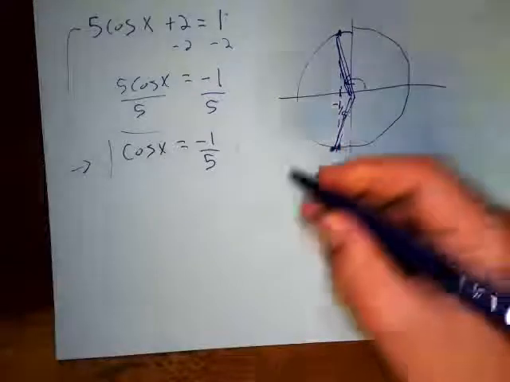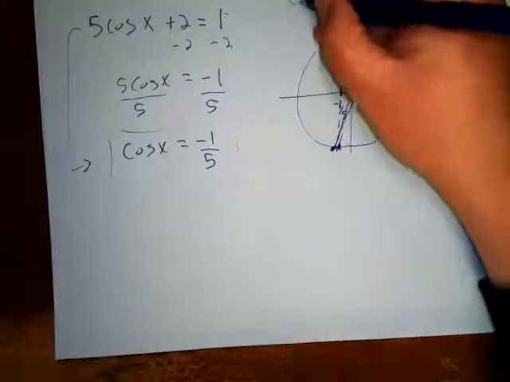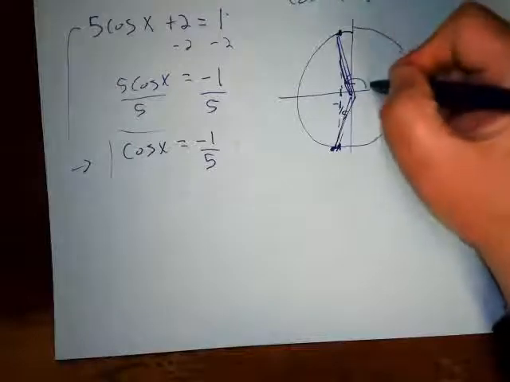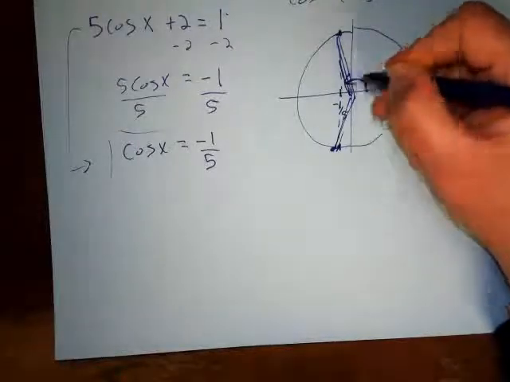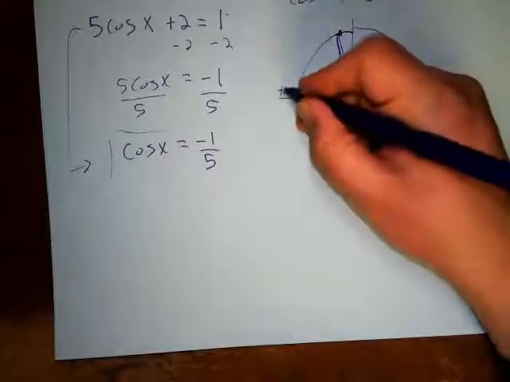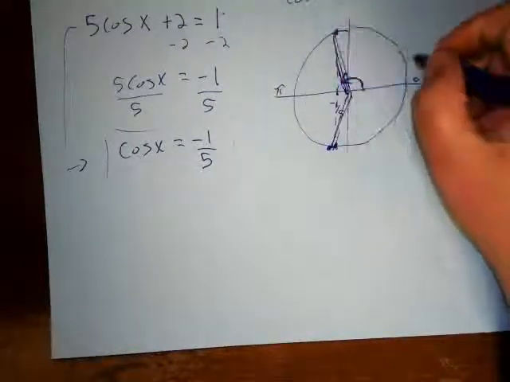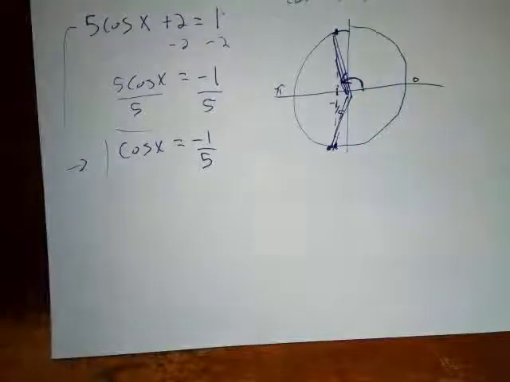Now when I do the inverse cosine of -1/5, it will give me this angle, because the angle is always between 0 and pi. So for the inverse cosine, it'll give me an angle between 0 and pi.